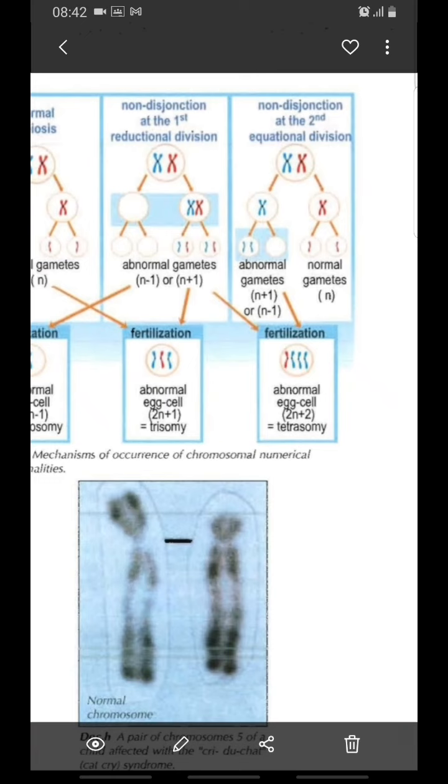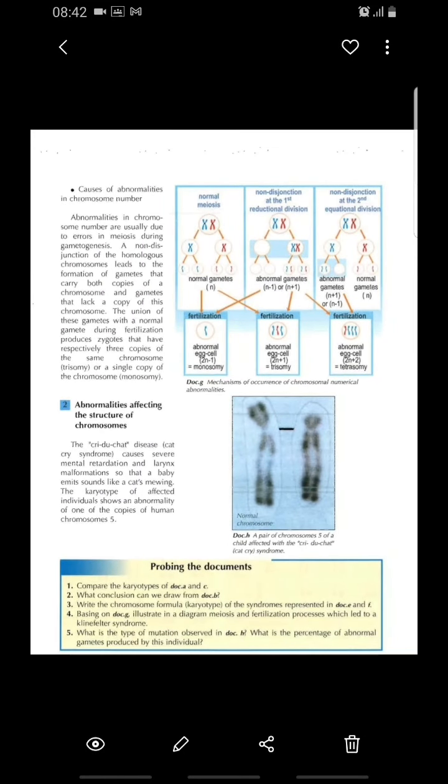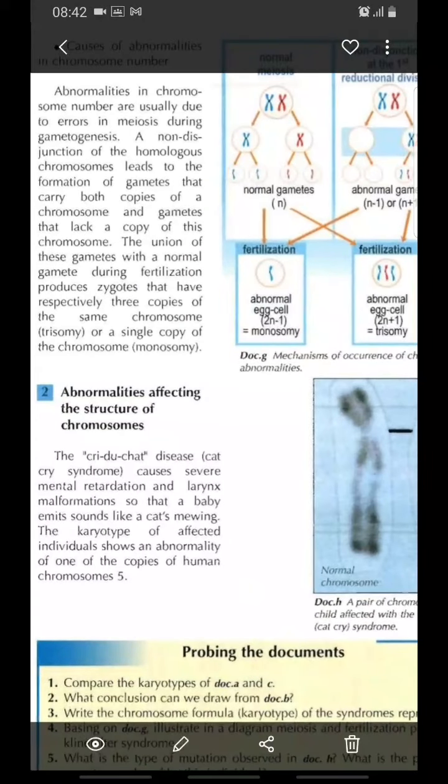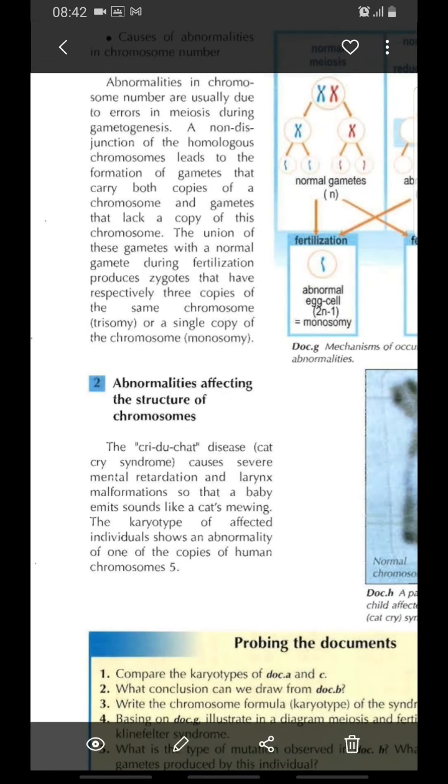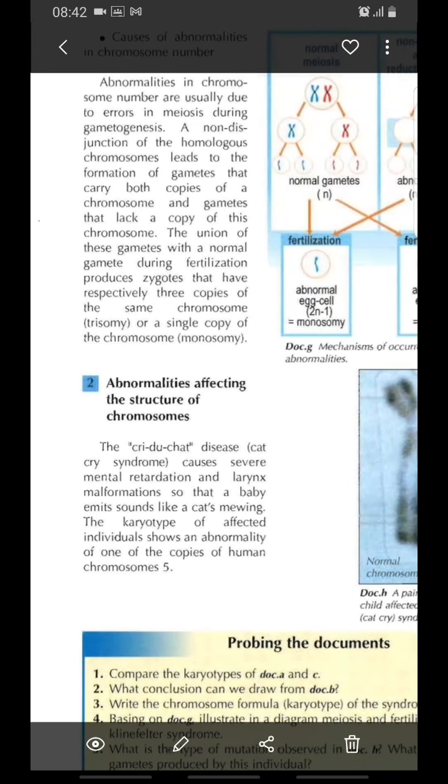So this is the case of chromosomal numerical abnormalities. Last paragraph: abnormalities affecting the structure of the chromosome. Cri-du-chat syndrome causes severe mental retardation and larynx malformation, so that the baby emits a sound like a cat mewing.